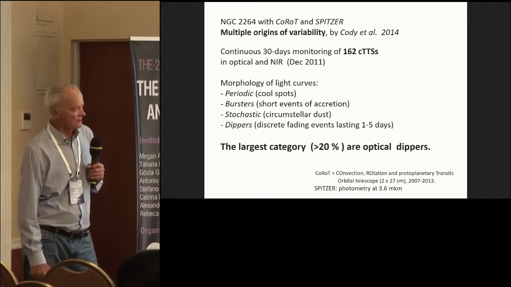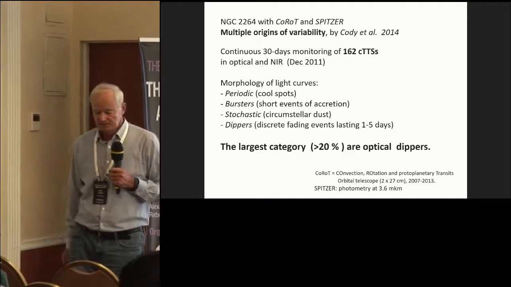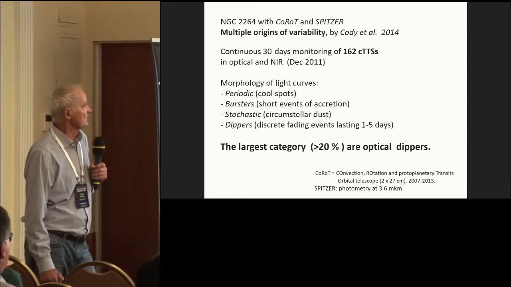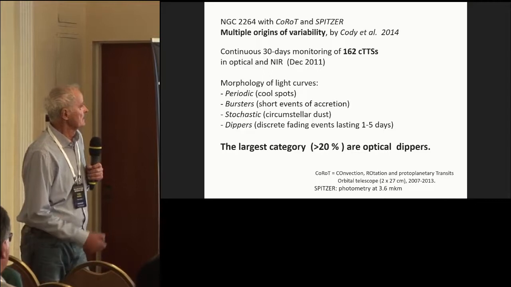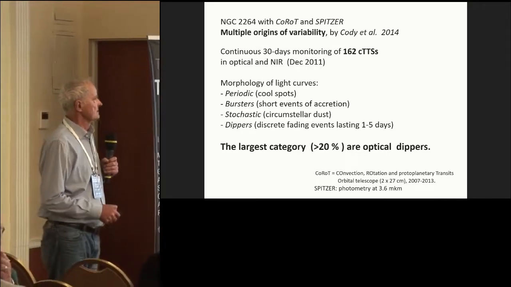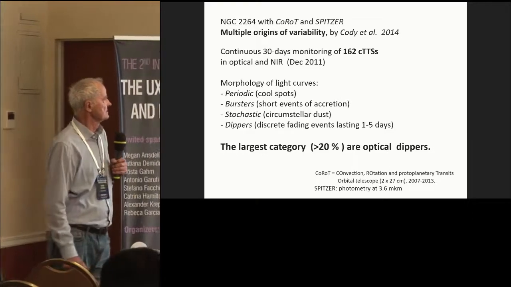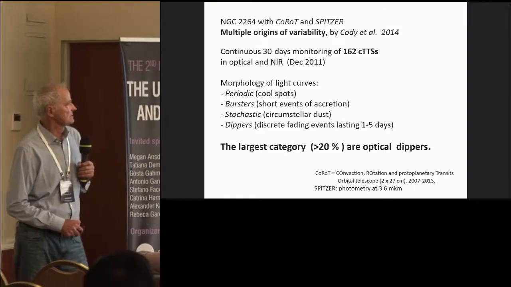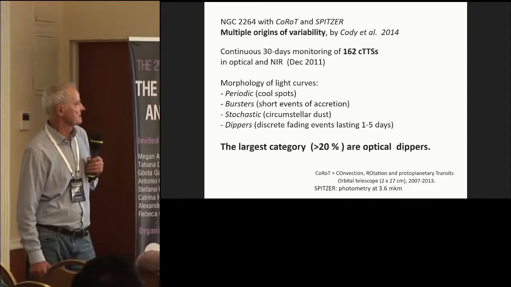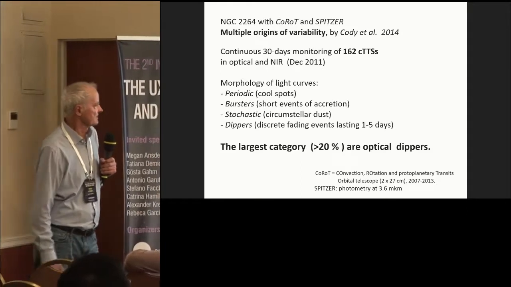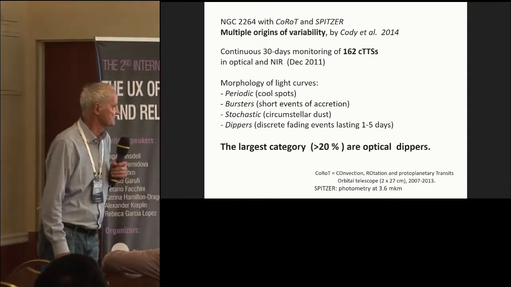This program revealed, or it's better to say confirmed, the multiple origin of light variability, including periodic variation due to cold spots, then short events of accretion, which are called bursters, and stochastic variation due to circumstellar dust, or discrete fading events lasting shortly, also due to dust obscuration.